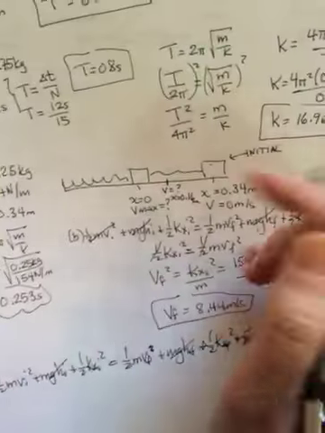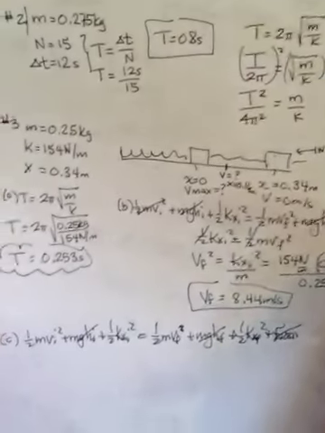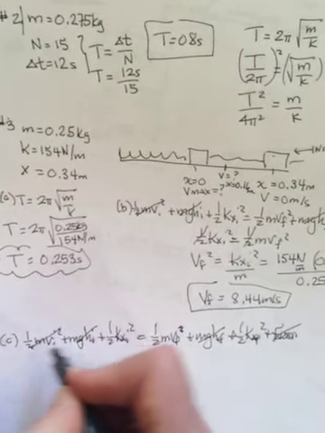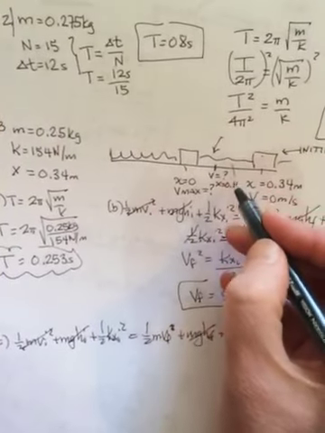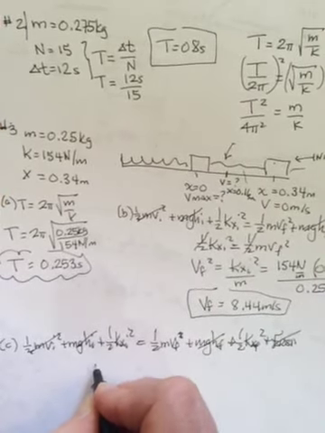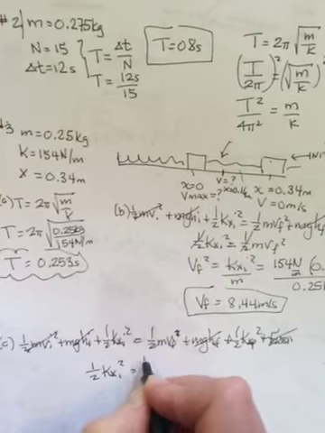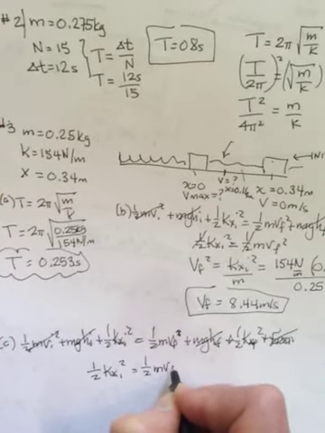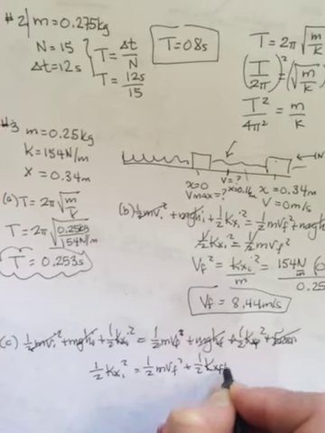I'm still going to keep my initial as out here, because that's where I know both my x and my v. So out here there's no speed, but there is an x. And now this is my new final right here, and at this spot there's both a speed and an x. So we now have three terms. 1/2 k x initial squared is equal to 1/2 m v final squared plus 1/2 k x final squared.